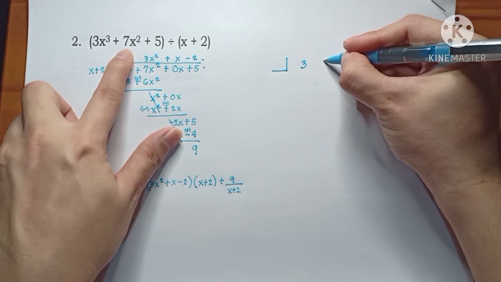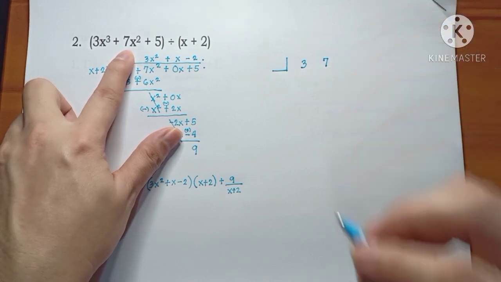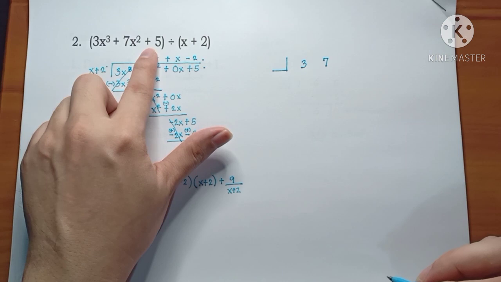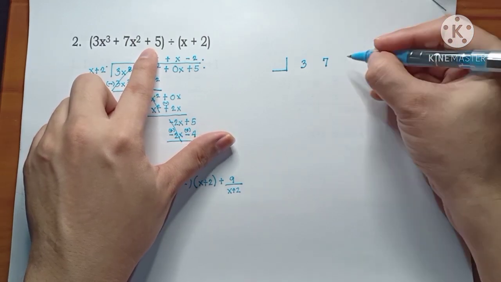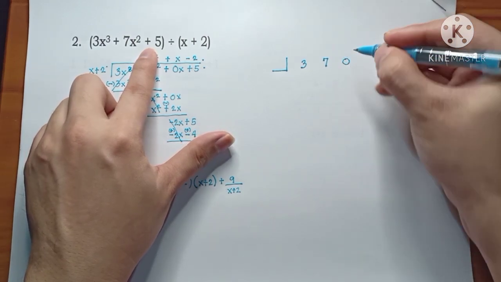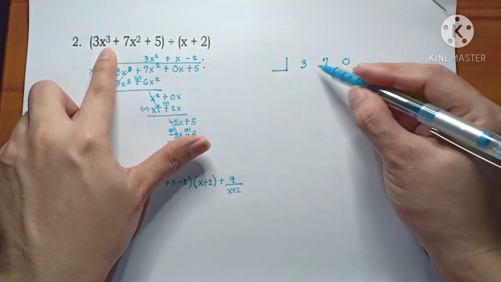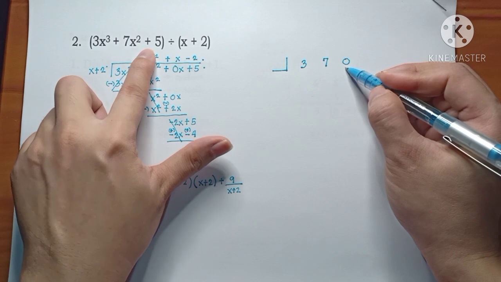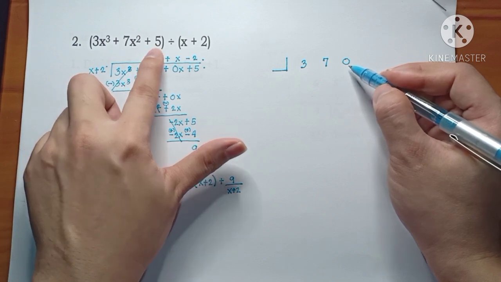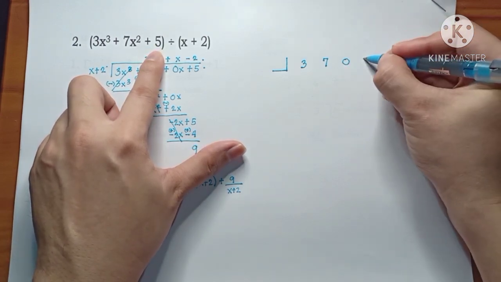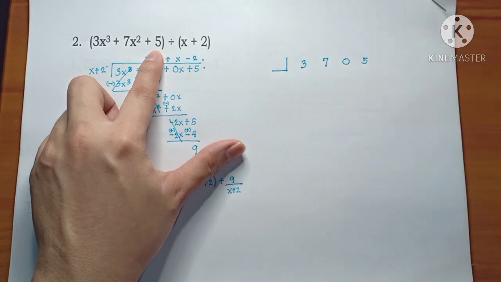Next is 7. Yung mga numerical coefficient lang. And then, yung x niya ay wala. So, maglagay tayo ng 0. So, huwag kayong malito. Dapat meron lang lahat yan. So, itong cube, squared, x. Wala namang x, kaya linagyan natin ng 0. And then, we have the constant. So, ang constant natin ay 5.